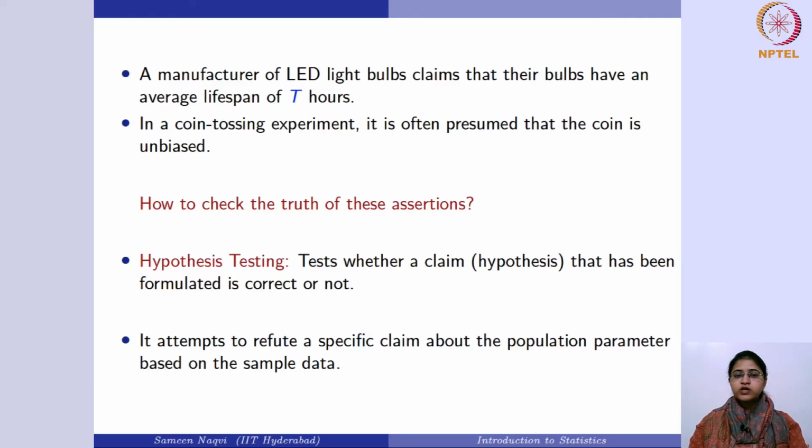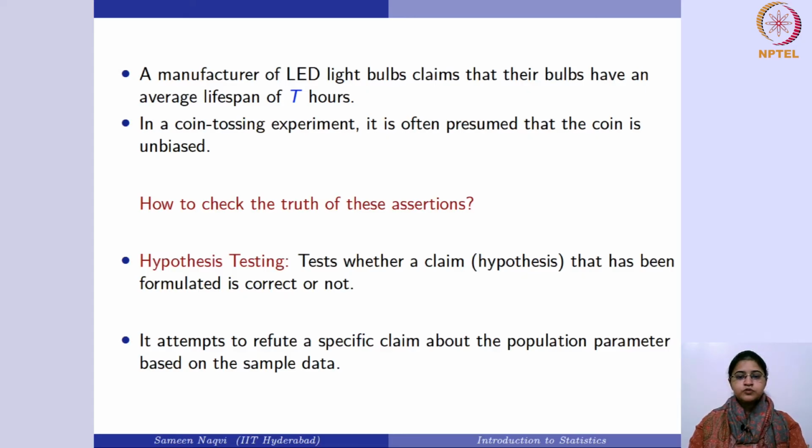In that case, he will collect a sample from those LED light bulbs, whatever is the production lot. From there, he could select a random sample of some LED bulbs, and he would study the lifespan of each of those. So he will come up with a certain value, and based upon that, he would finally conclude whether the claim which was made is actually correct or not. Is it actually 50,000 hours, or is it less than that?